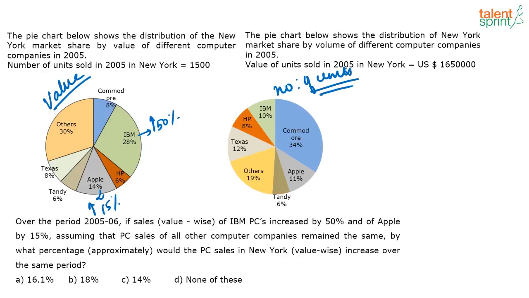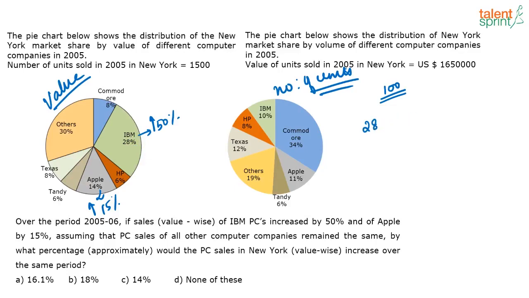See, the best way to solve this question is to consider a base value of 100 and then try it out. You first try it out and give me the answer, then I'll explain how to solve. See, to solve this question, assume 100 is the total sales. If 100 is the total sales, out of this 100, what was the share of IBM? The share of IBM was 28%.